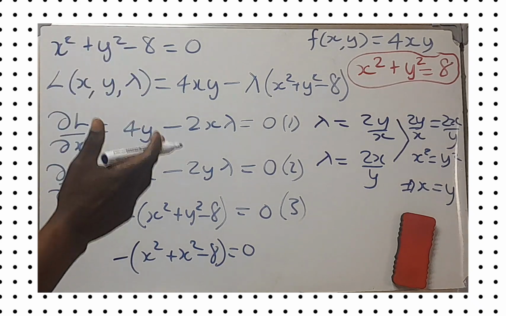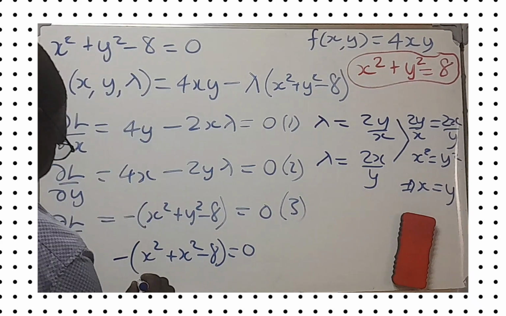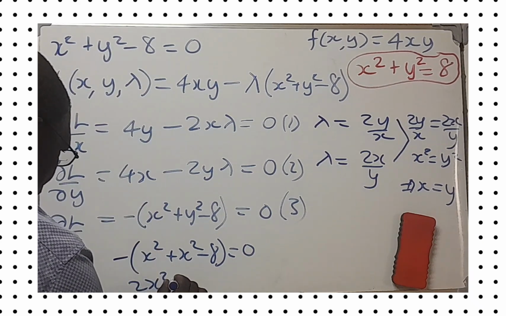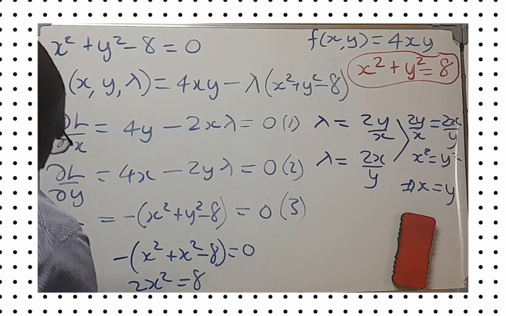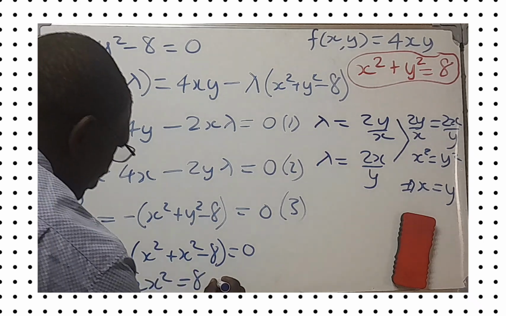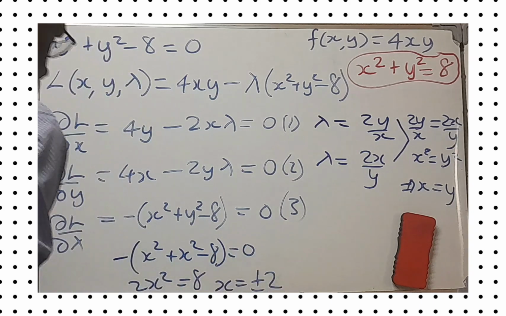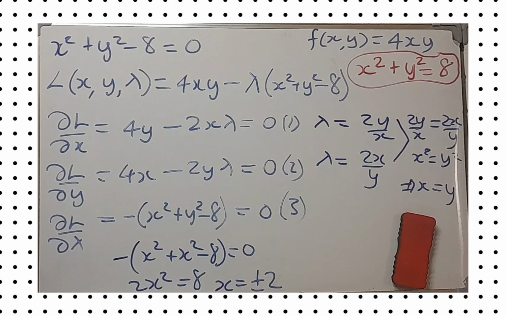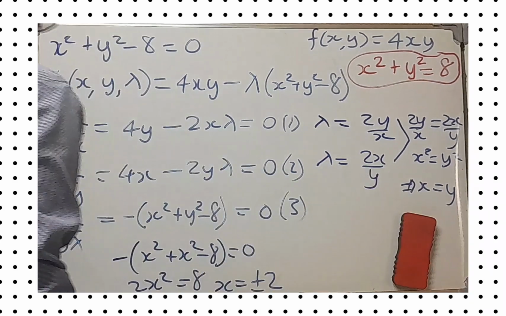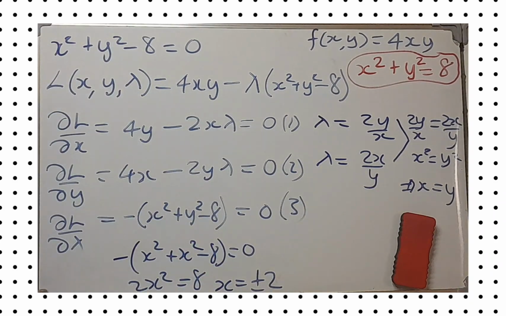We can get rid of the minus sign, and we are left with 2x squared is equal to 8, which obviously means that x is equal to plus or minus 2. Now, if x is equal to plus or minus 2, we know that x is equal to y, so y is also equal to plus or minus 2.